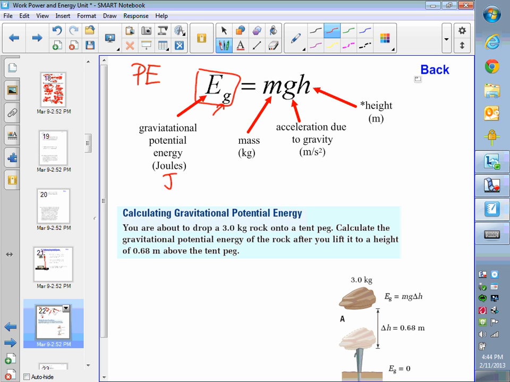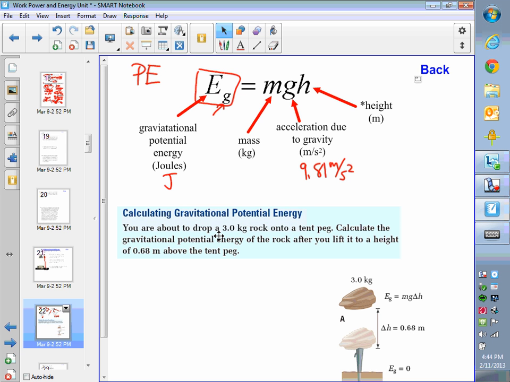We'll determine it by using the mass times the acceleration due to gravity at the location that you are on the Earth. Most of the time we're going to use 9.81 meters per second squared, but depending on your location that would vary a little bit. Some teachers and courses actually use 10 as well. It doesn't really matter. The last part we need to know is the height.